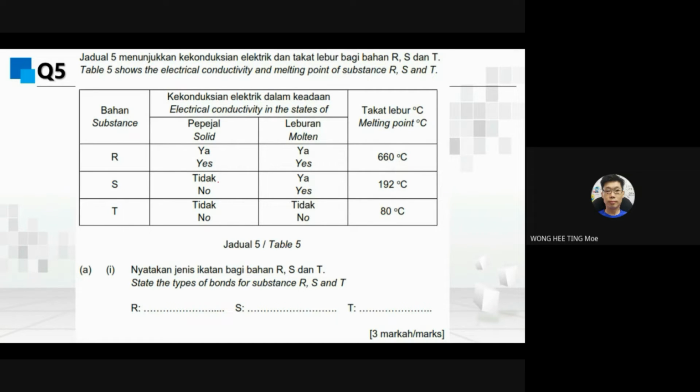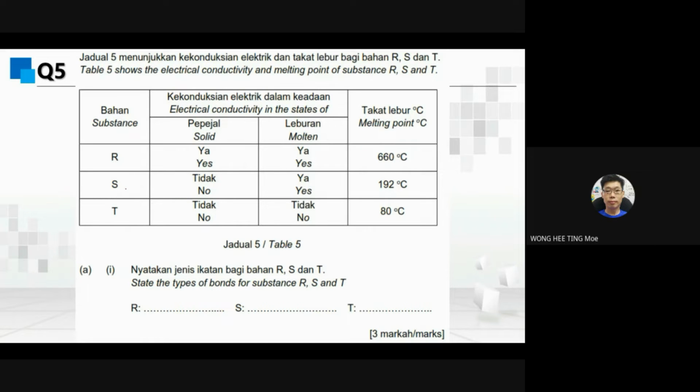S only can conduct electricity in the molten state, 192. T cannot conduct electricity in both solid and molten states.